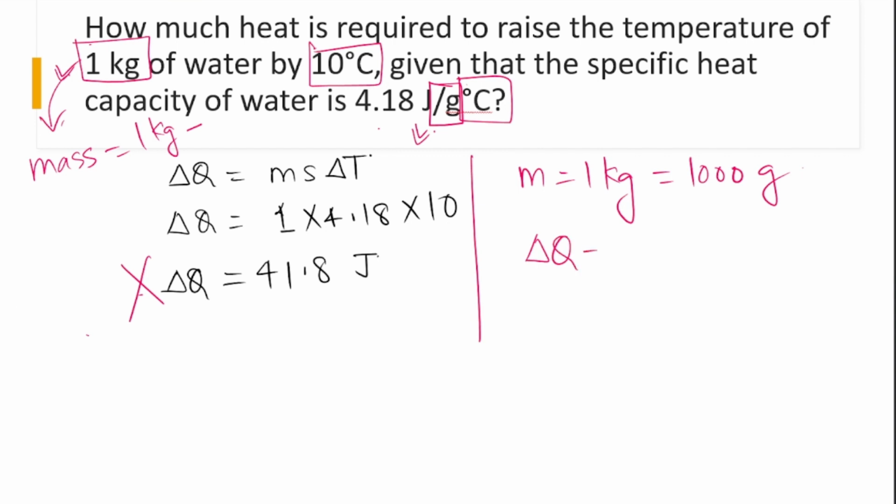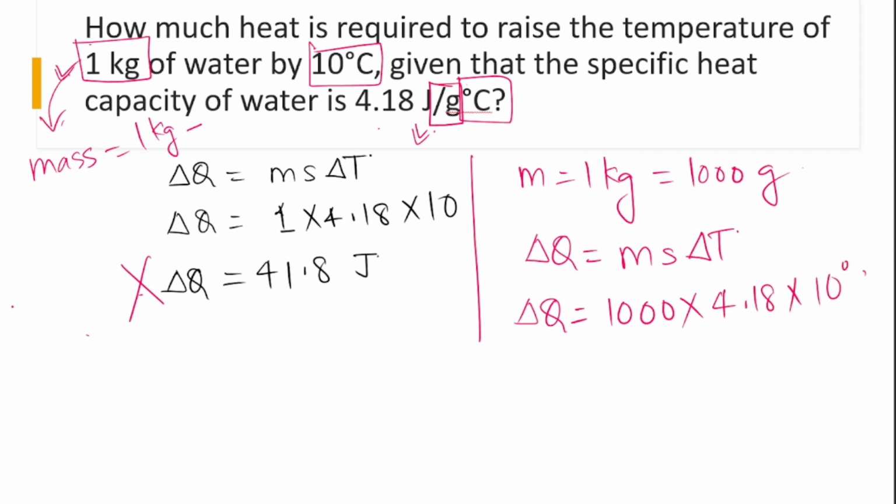Delta Q is equal to m s delta T, where S is specific heat capacity and m is mass. So delta Q is equal to 1000. Now mass is in gram, and specific heat capacity is 4.18 as it is, and the change in temperature is 10 degrees Celsius. So now how much are we going to get?